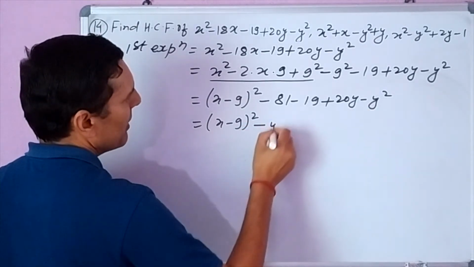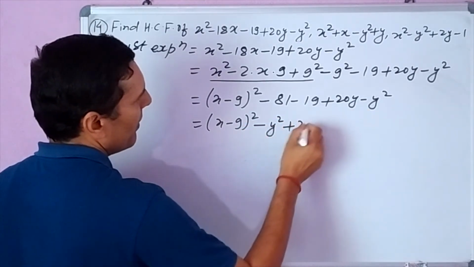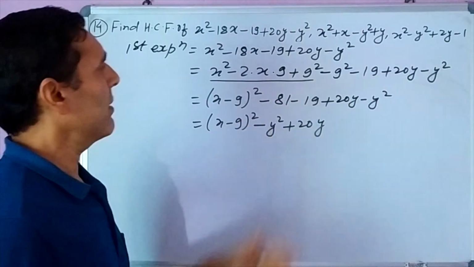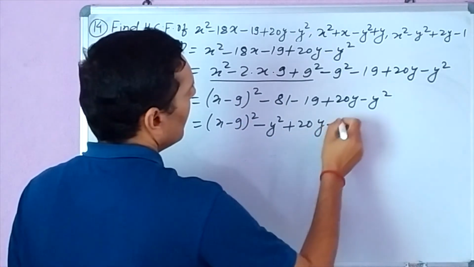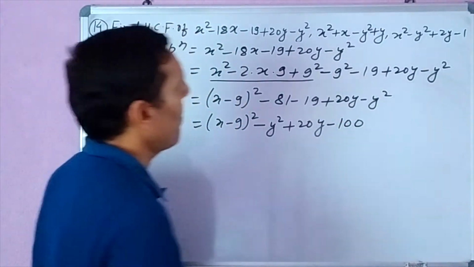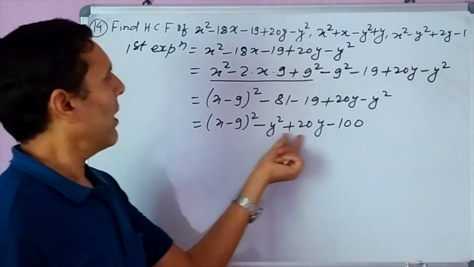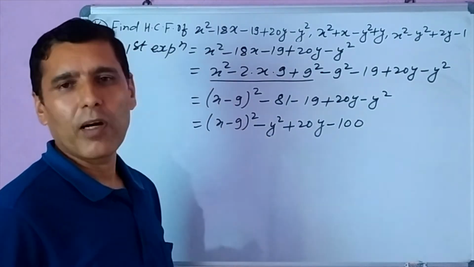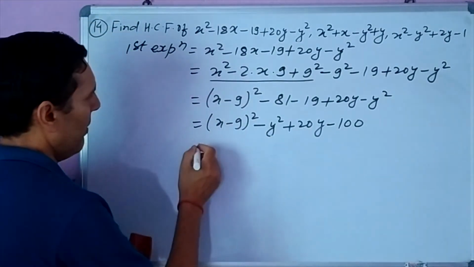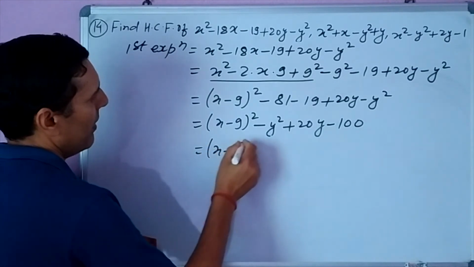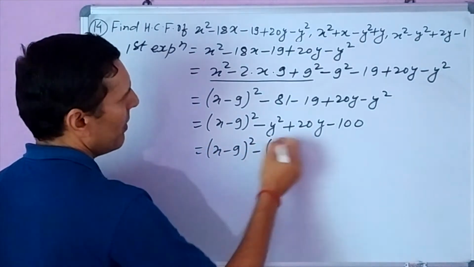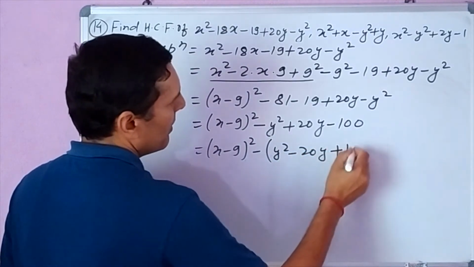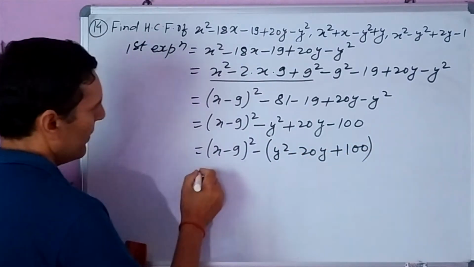I am writing minus y square first, then plus 20y, minus 81 minus 19, it is minus 100. Now if you take minus common in the last three terms, it also completes the square. So it is x minus 9 whole square minus common, y square minus 20y plus 100.